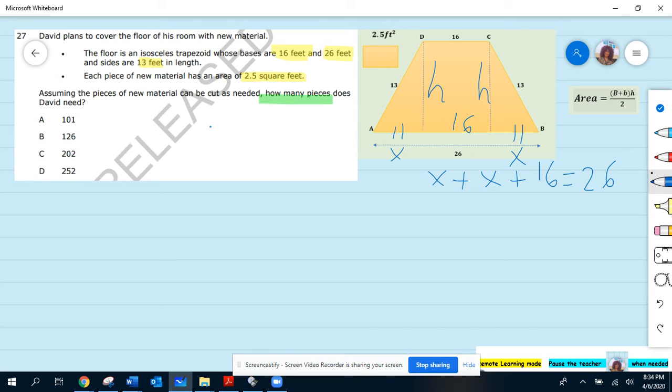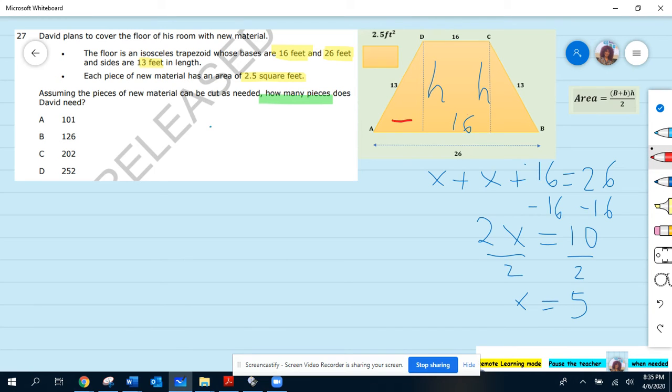To isolate x, we will subtract 16 from both sides and x plus x is 2x. So 2x equals 10. Of course, divided by 2 on both sides. So x equals 5.